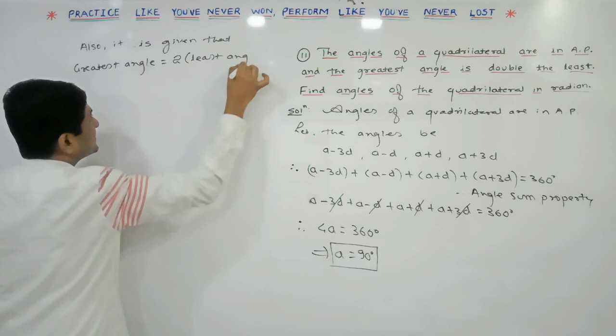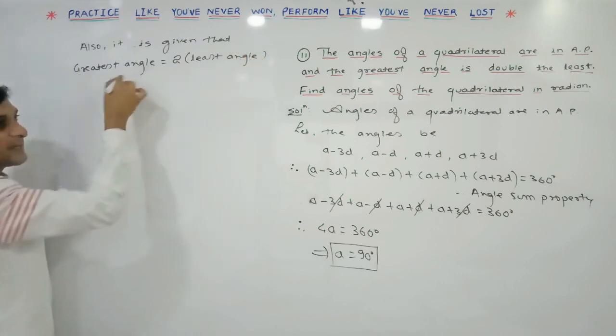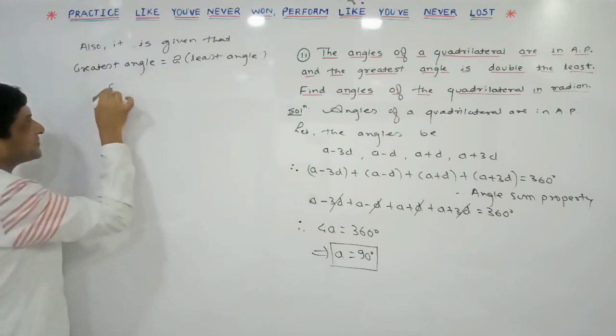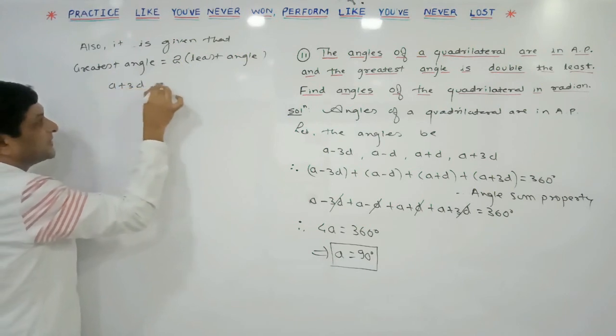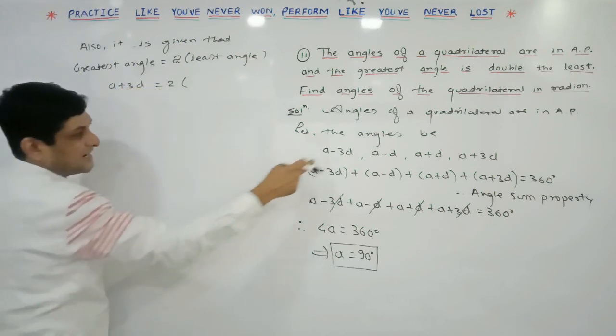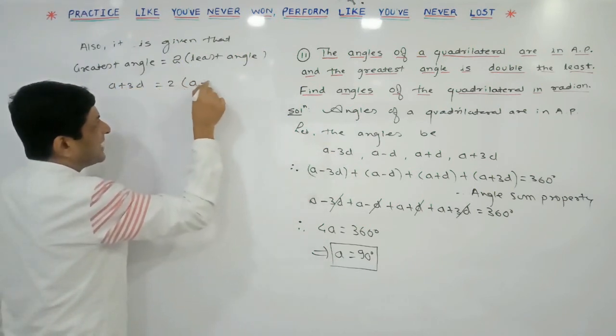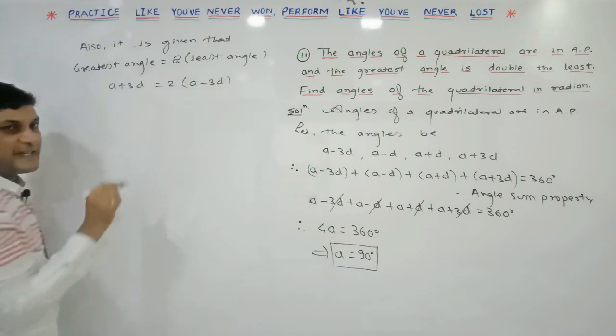Greatest angle here is A plus 3D, which is equal to twice the least angle, and the least angle here is A minus 3D.